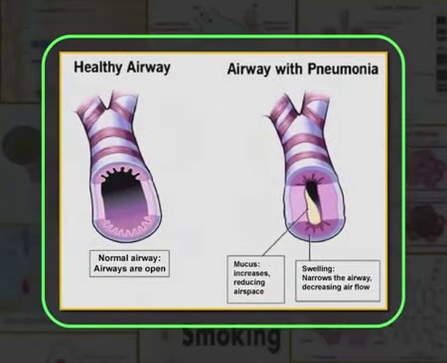So, you can see a healthy airway in the diagram, and in a person suffering from pneumonia, there may be mucus or swelling which may narrow the airway, decreasing the airflow. Suggested ways to prevent developing this respiratory condition include washing hands frequently, getting a flu shot, or, for those at high risk of pneumonia, receiving vaccination.